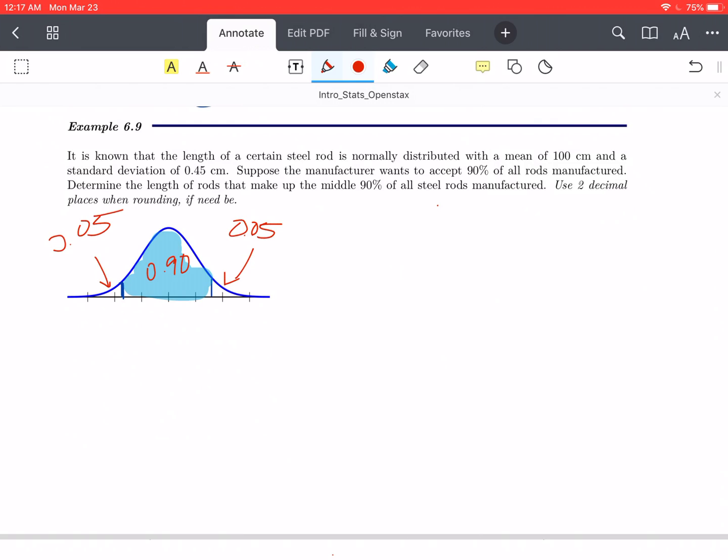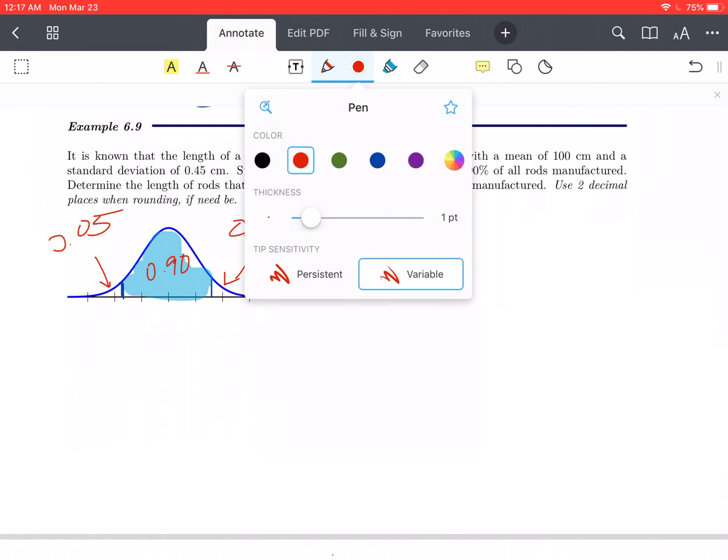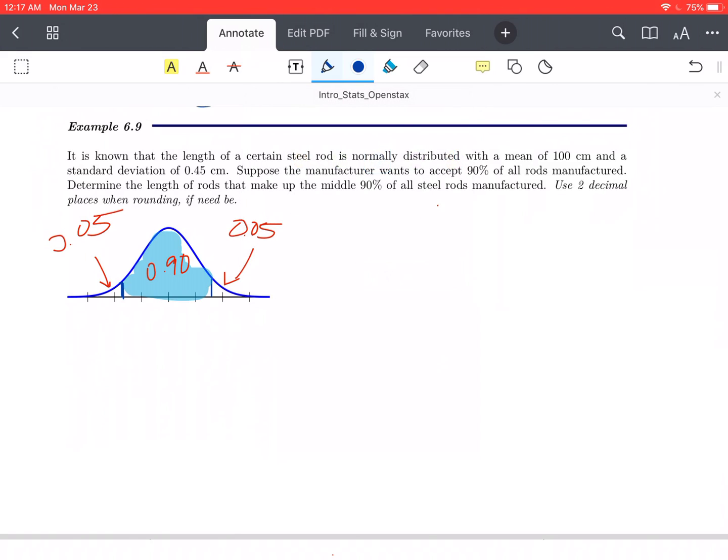So when we're trying to identify what lengths of rods we want the middle 90% to be between, we need to figure out this z-score, I'm going to call it z1, and this z-score, which I'm going to call z2. When we're reading this, we always write probability z less than the z-score we're looking at, and probability z less than z2.